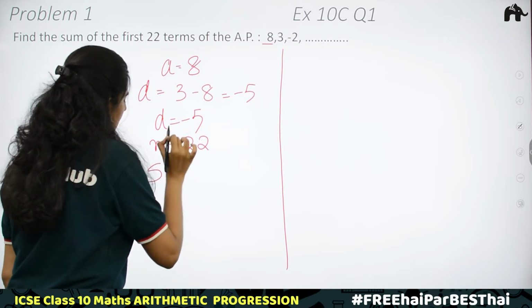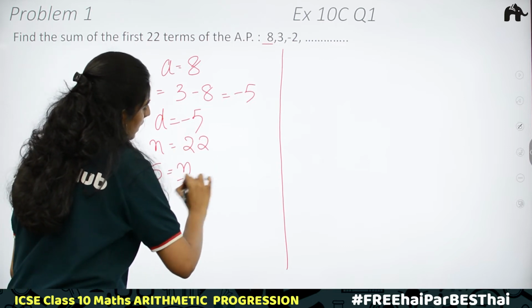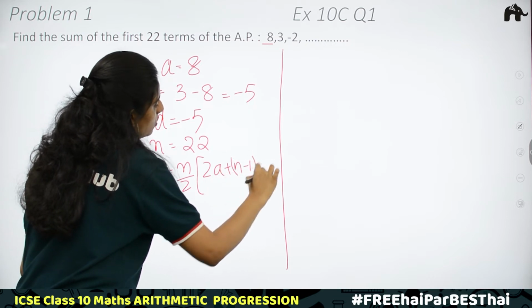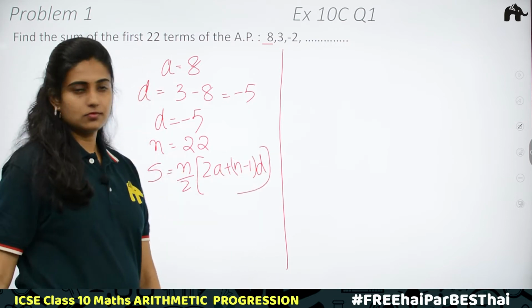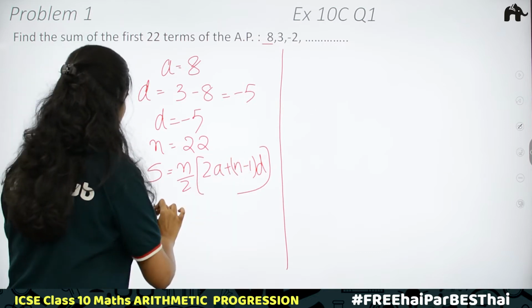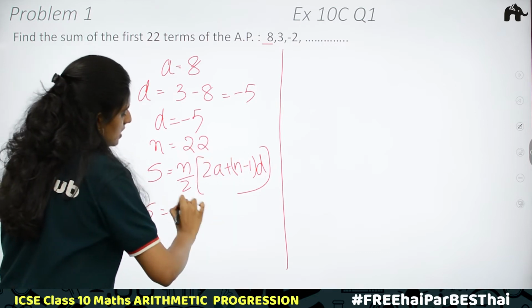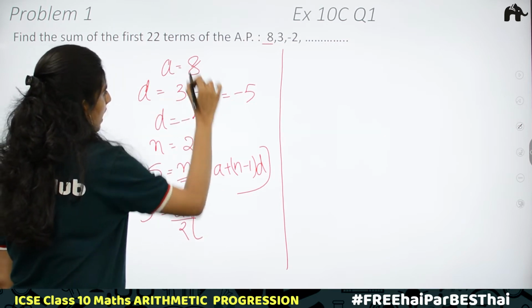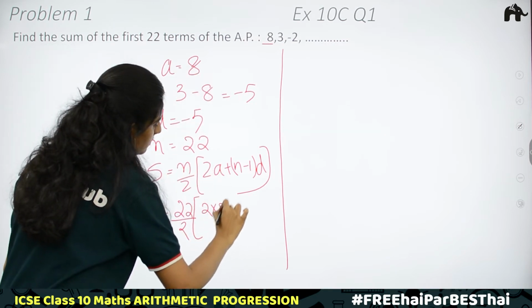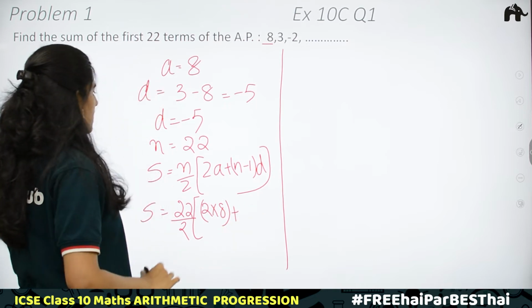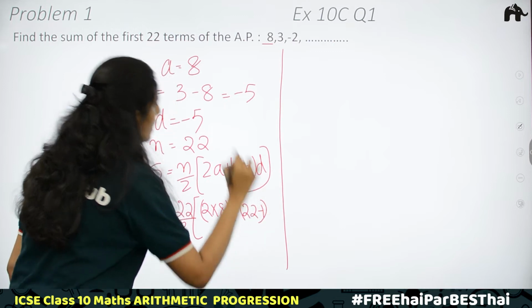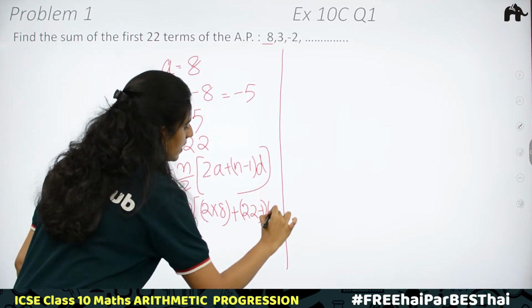Now, what is S? S is equal to n by 2 into 2a plus n minus 1 into d. Okay, substitute the values. We get S is equal to n is 22 divided by 2 into 2a, 2 into 8, plus n minus 1, n is 22 minus 1 into d value is minus 5.